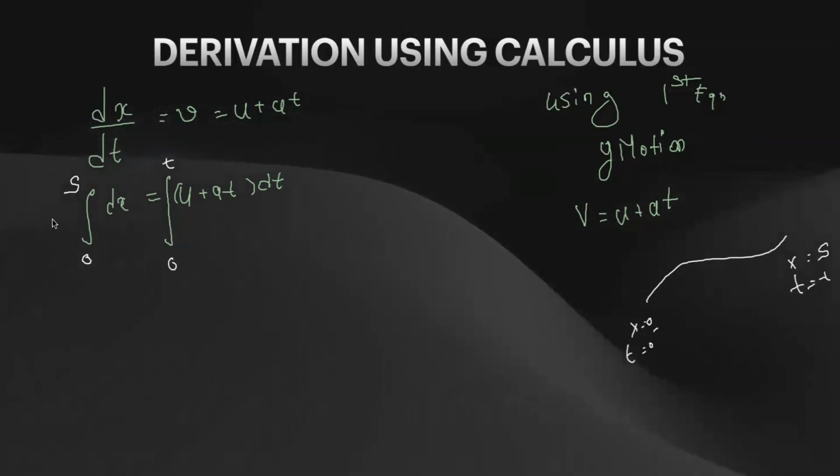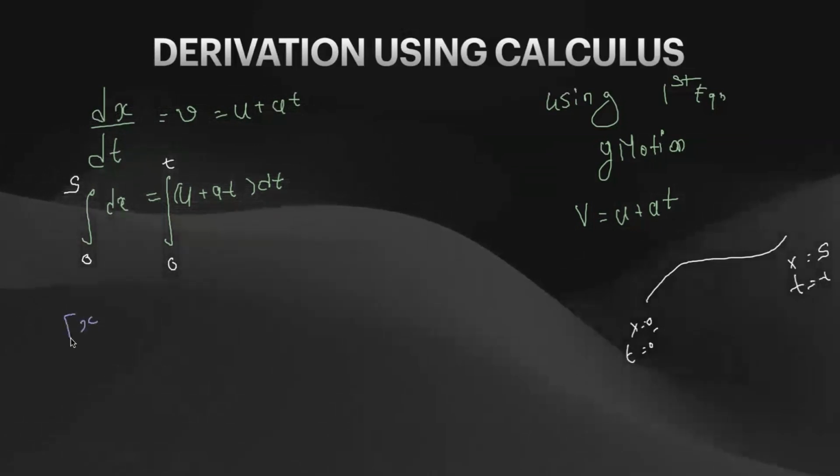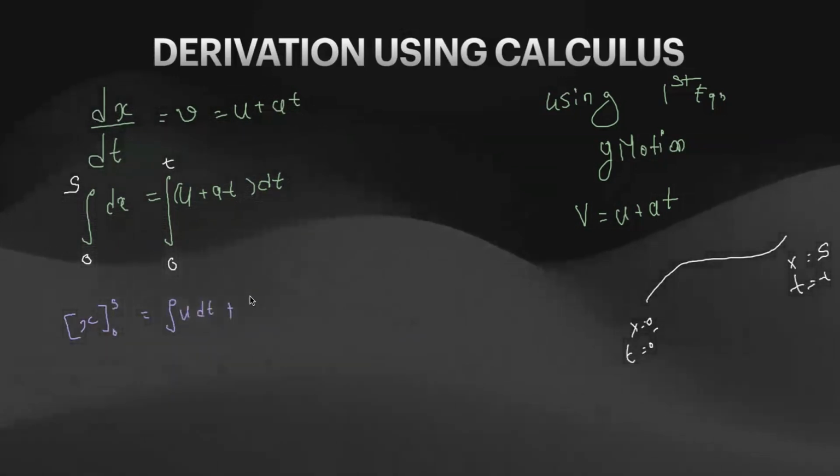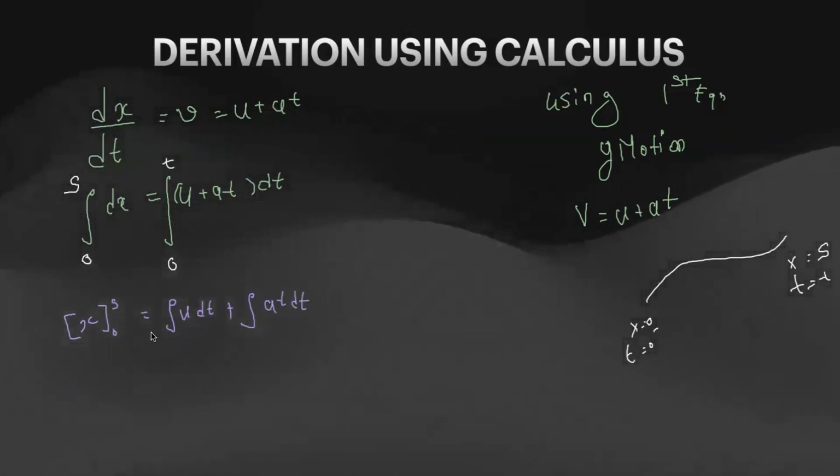Now just integrate both sides. Integrating both sides, this is nothing but integral of dx from 0 to s, which is integral u dt plus integral at dt.